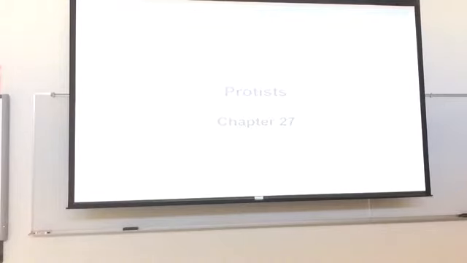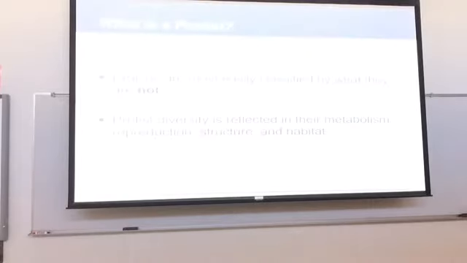Fungus-like, tried to be a fungus and failed. Or animal-like, tried to be an animal and failed. So they are the rejects. They have very similar characteristics to animals, plants, or fungi, but they are lacking something. As a result, they fall into the kingdom Protista. So this is, by and large, my kingdom of rejects.